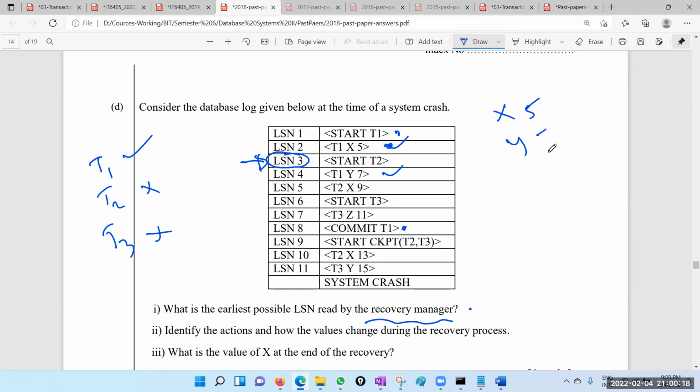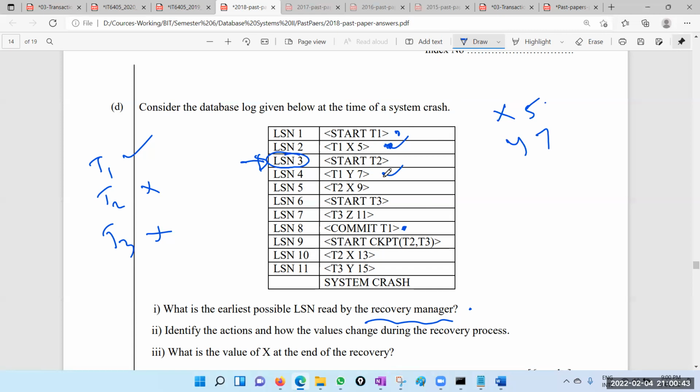But transaction 2 is changing X to 9, that we are not going to do. So my answer is X will be the original 5 value because transaction 2 is not committed. It says the checkpoint is done, but anyway, we have to undo it because transaction 2 is not committed.